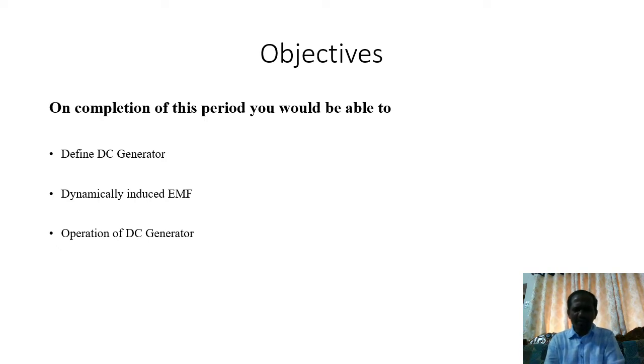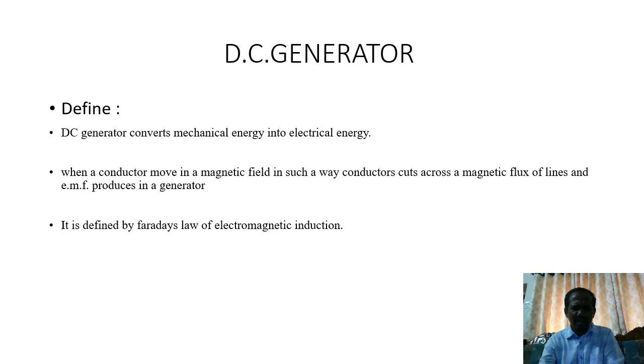Now I am going to discuss the DC generator. What is a DC generator? This is also one of the simple definitions they will ask as a one mark question in the examination. A DC generator converts mechanical energy into electrical energy.